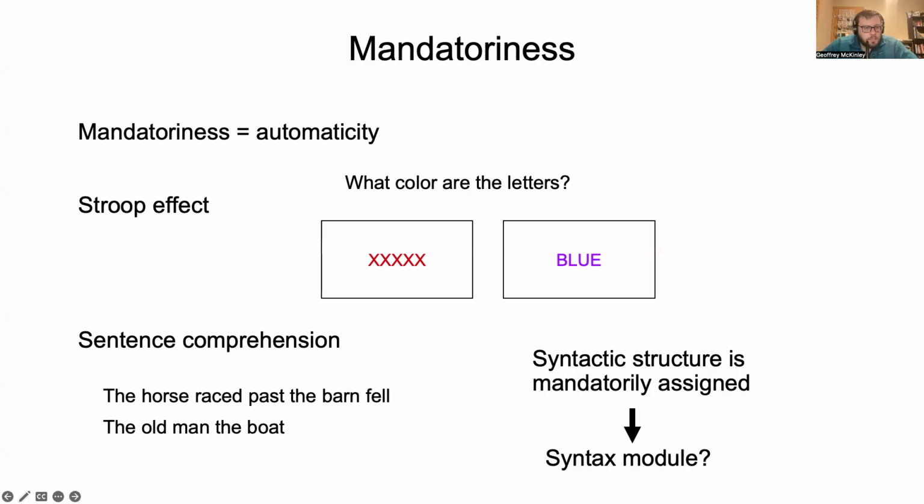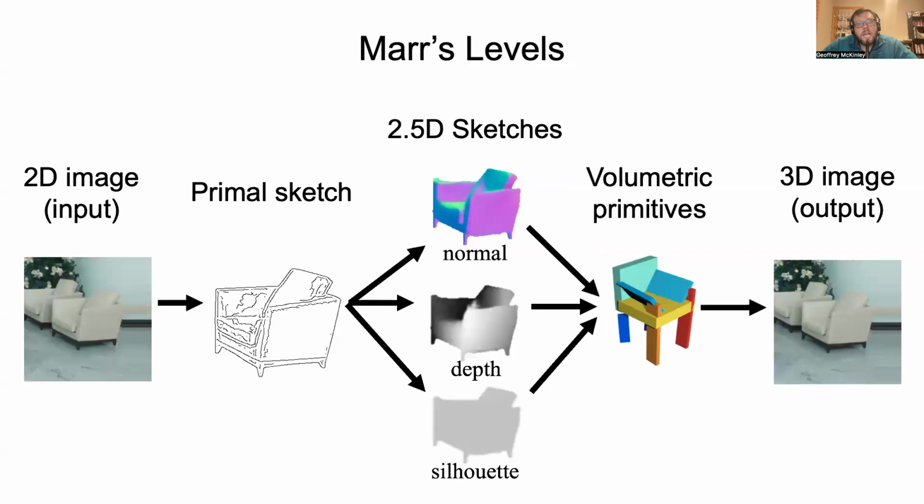Okay, so I guess I would mention one more thing, which is we've already kind of seen this modularity thing going on. Remember Marr's levels, this is the algorithmic level. So if the 2D image is the input, maybe this is the transducer that gives you this sort of primal sketch representation. And then that representation is input into these other submodules.